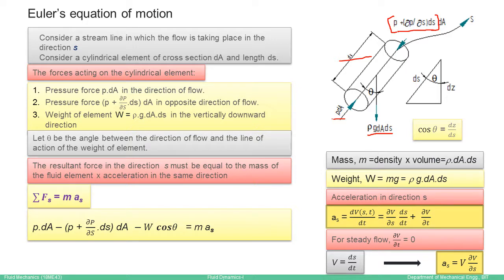And you know that this last term, dou v by dou t, will be 0 for a steady flow. So then a_s will be equal to v into dou v by dou s, because ds by dt is equal to v.